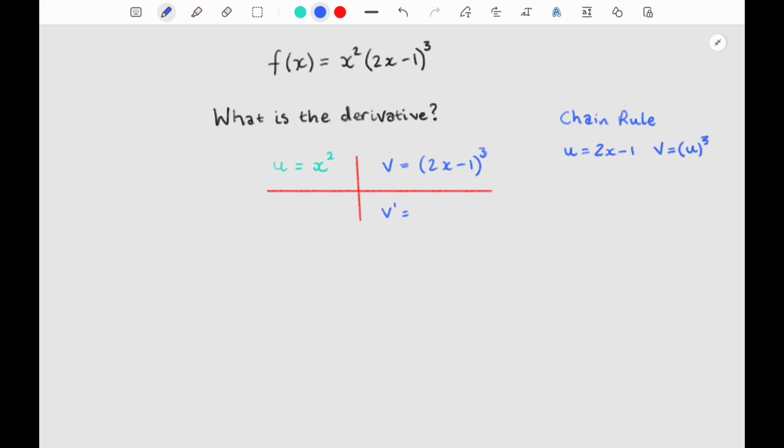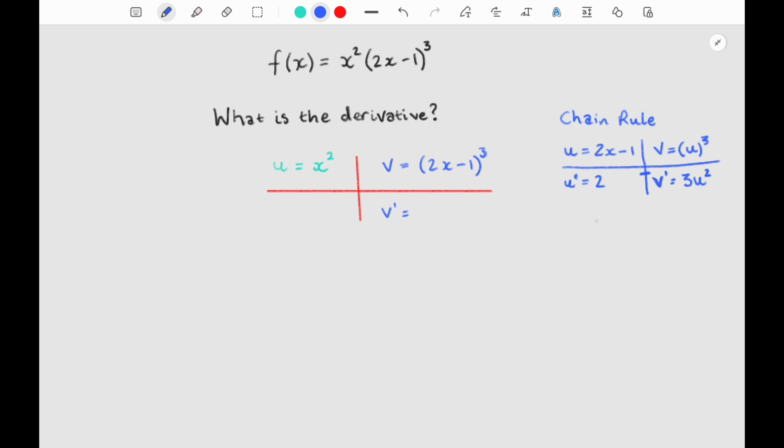And I like to use tables. In fact, all of my calculus methods, I show how to do them with tables and no formula. We then find the derivative, u dashed equals 2, which is easier than the other one. Then v dashed, with respect to u of course, is 3u squared. And what we're doing with this is essentially multiplying the bottom two here.